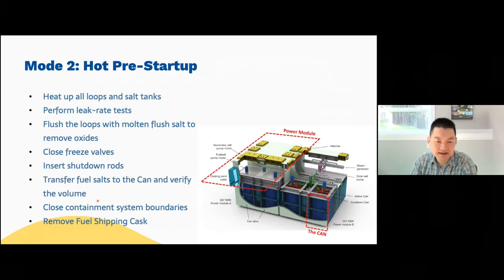And after that, we're going to close the containment system boundaries. Remember, we have 3 containment systems, so all will be closed. And then we remove the fuel shipping cask from the system. So at the end of mode 2, the system is ready for startup.